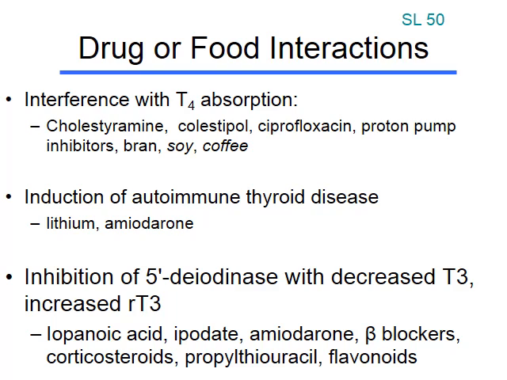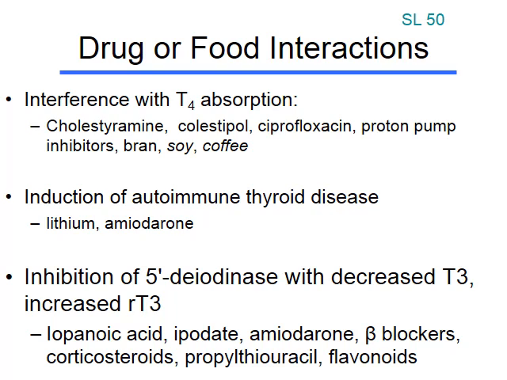Then there is inhibition of 5' deiodinase, which leads to decreased T3 and increased reverse T3. And so by inhibiting 5' deiodinase, you're reducing the pharmacologic effects of thyroid hormone in the periphery.